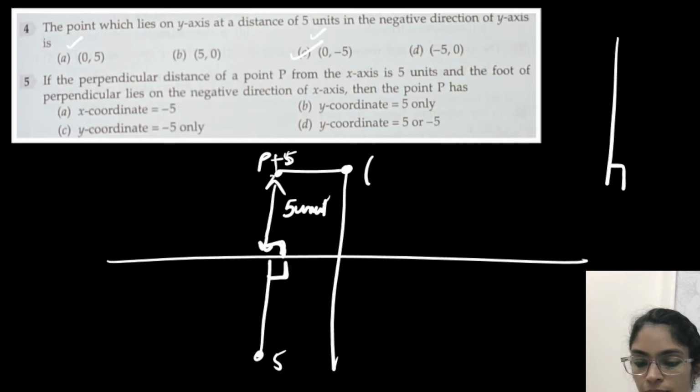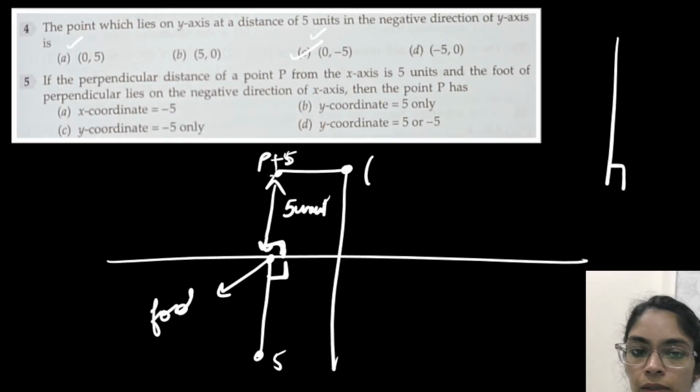Is this question clear? The perpendicular at a distance P from the x-axis is 5 units. So I have drawn the perpendicular, both sides I have drawn the perpendicular. The foot of the perpendicular lies on the negative side. So this is the foot of the perpendicular. For this line, this is the foot of the perpendicular.